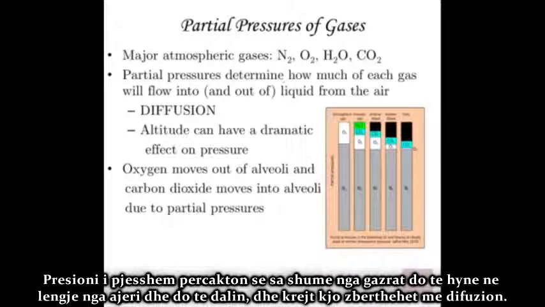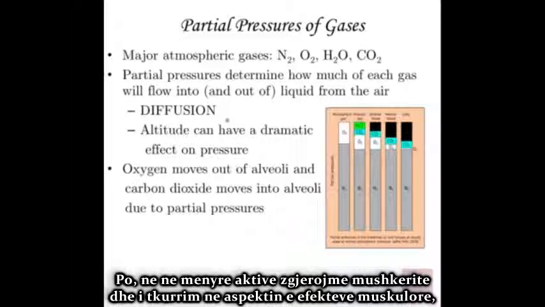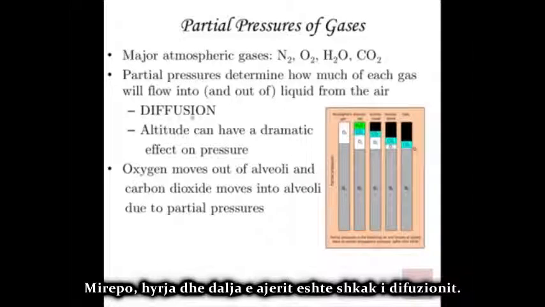So partial pressures determine how much of each gas will flow into and out of liquid from the air. And it all comes down to diffusion. Yes, you are actively expanding the lungs and contracting them in terms of the muscles' effect on expanding and contracting the lungs, but the movement of air in and out really comes down to diffusion.